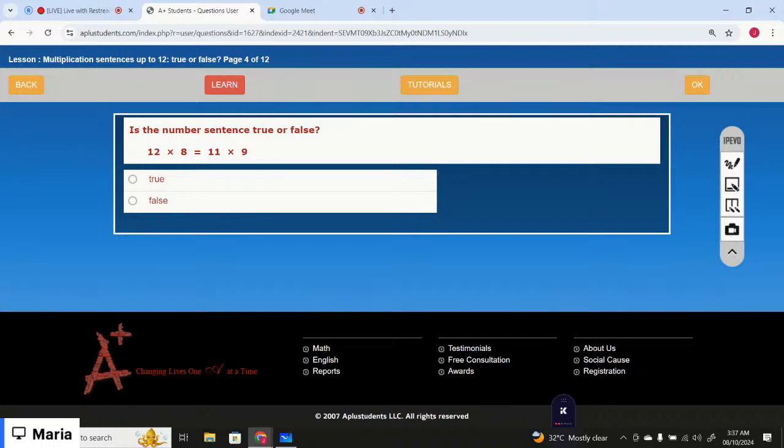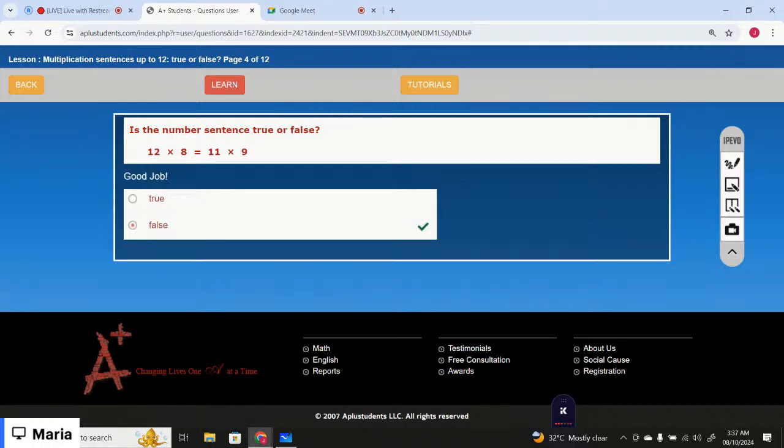False it is. They are not equal. Option number 2 is the correct option.